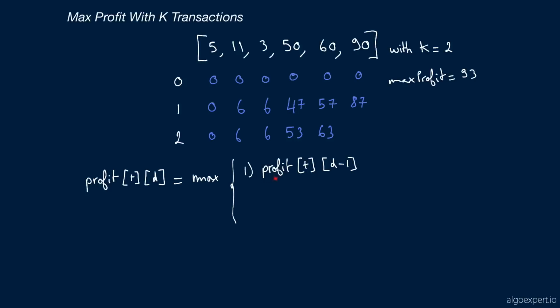This guy, profit of T at D minus 1, in our example where we're at here, is represented by the 63. This is the max profit that we can generate using the same amount of transactions, 2, on the previous day, which was here. So the previous day is here, and that's the 63.